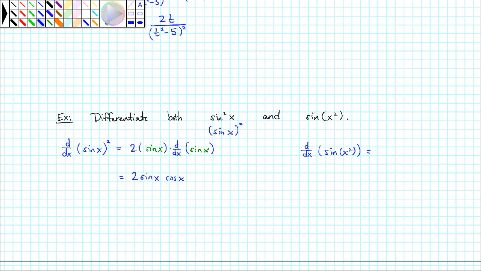So the outside function is sine, so I'm going to do the derivative of sine, which is cosine of whatever that input is, times the derivative of that input. That input is x squared. And so the next step, this is cosine of x squared times the derivative of x squared, which is 2x.